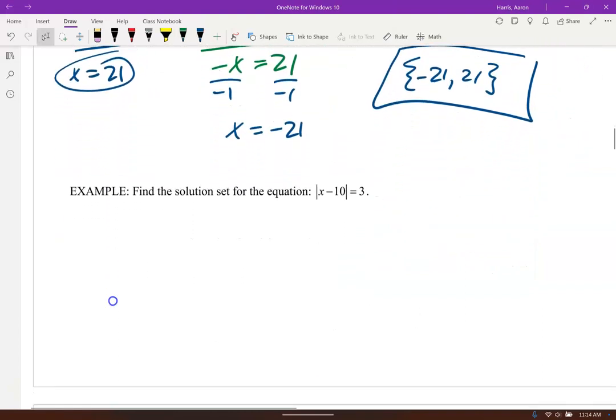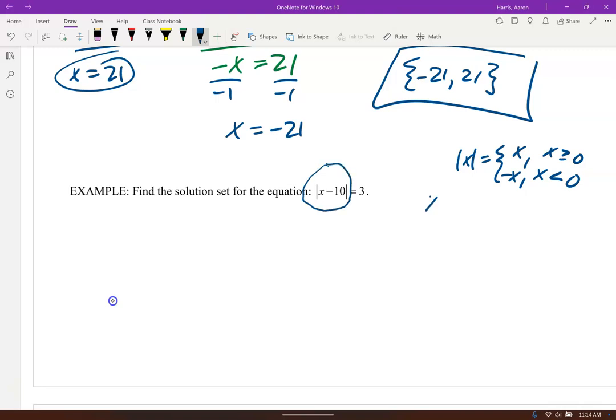All right, let's apply it for this one. So we know the absolute value of x is x if x is greater than or equal to 0, or the opposite of x if x is less than 0. Well, now I have absolute value of x minus 10. So following the same definition, the absolute value of x minus 10 would be, case 1 would be drop the absolute value x minus 10 as long as x minus 10 is greater than or equal to 0.